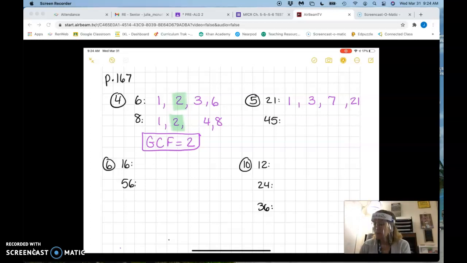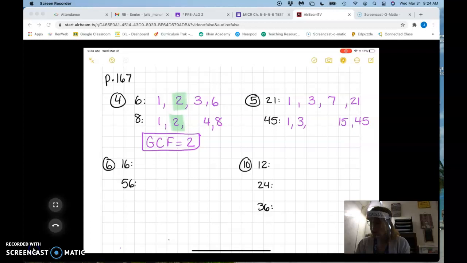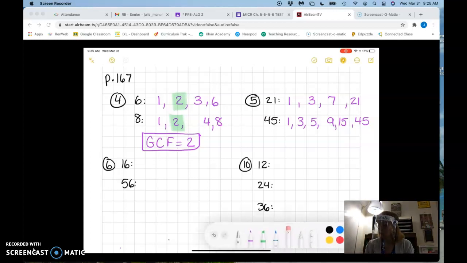How about 45? 1 and 45. 3 times what equals 45? 5 and 9. Good. Okay, and then I keep putting my comma in the wrong place. I think that's it. 1, 3, 5, 9, 15, and 45. Okay, so what is the greatest number that they both have in common? 3. So GCF is 3.